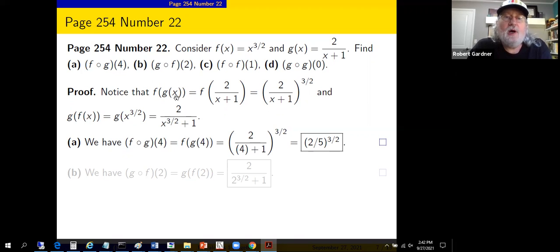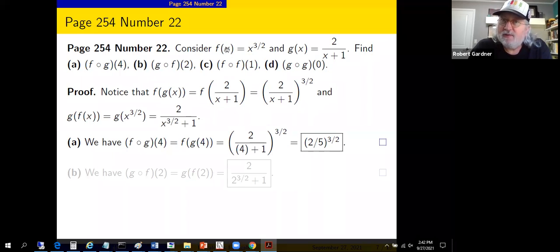f of g of x, f composed with g, would be, well, let's replace g of x with its formula. g of x is 2 over x plus 1. So we're taking f of something. What does f do to the something? It takes that something and raises it to the 3/2 power, right?